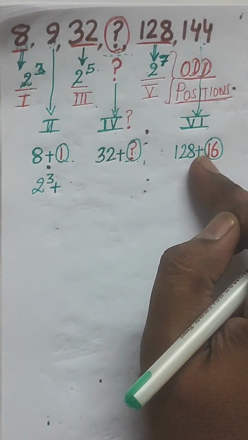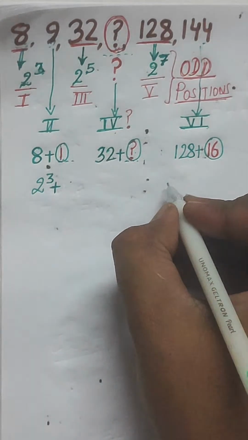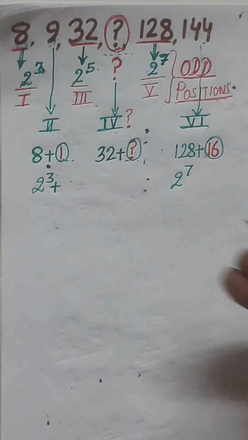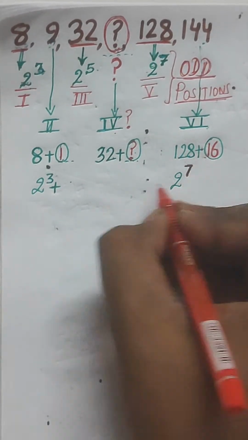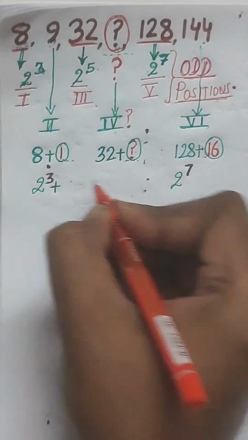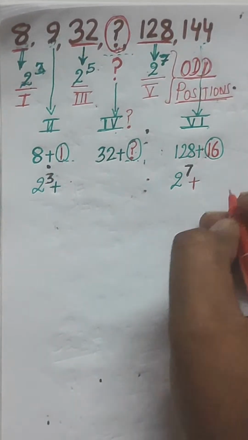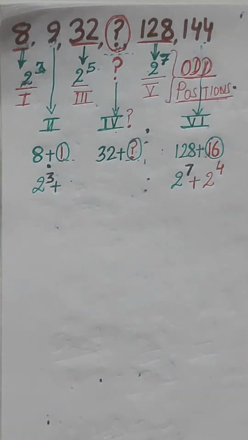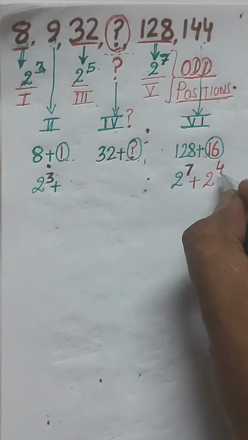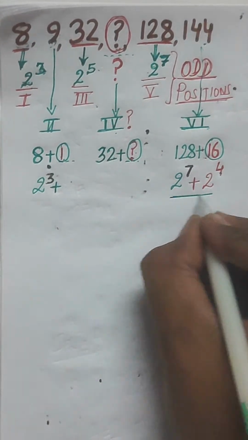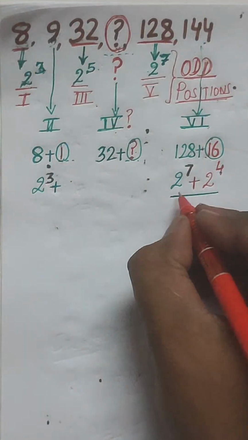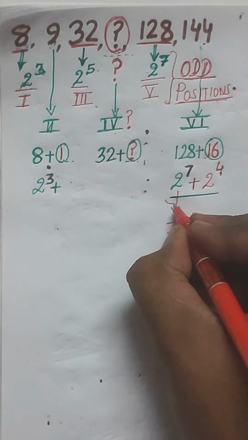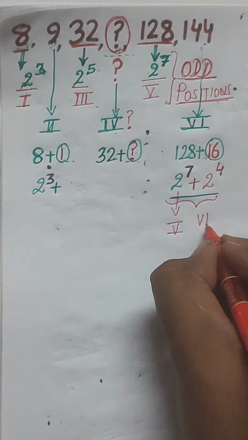This relation needs to be identified, right? So here you can see 128 can be written as 2 power 7, and 2 power 7 plus 16. 16 can be written as 2 power 4, isn't it? So here you can see the relation between the fifth and sixth terms. This is the fifth term, and this entire expression, 144, is the sixth term.